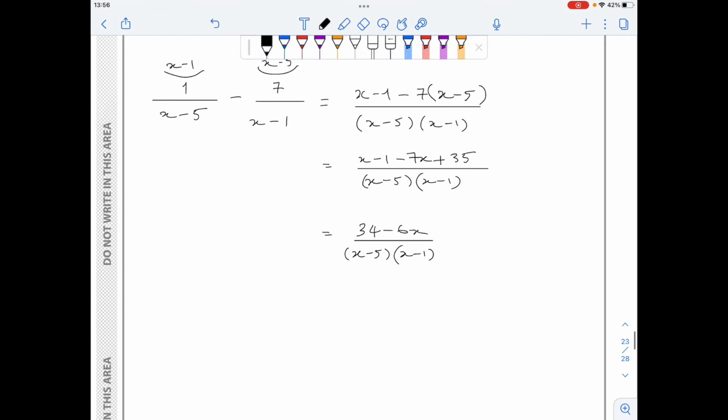Now I need to check for factorization at the top to check for simplification. If I factorize, I get 17 minus 3x over x minus 5, x minus 1. Nothing cancels out, so both of these are acceptable answers.